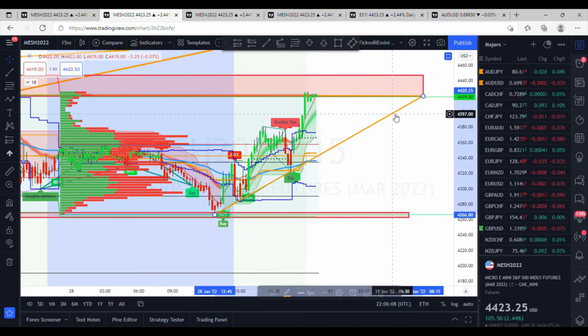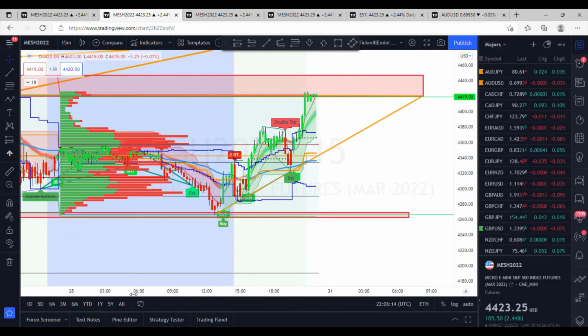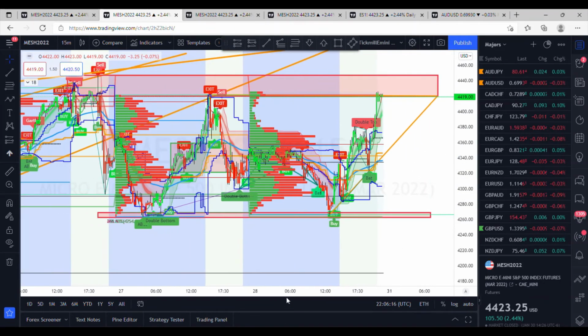So obviously I've drawn this trend line in. We've got another trend line. I've made the area of resistance up here. I've done another rectangle again because there's an area of resistance. It's not just one bit.